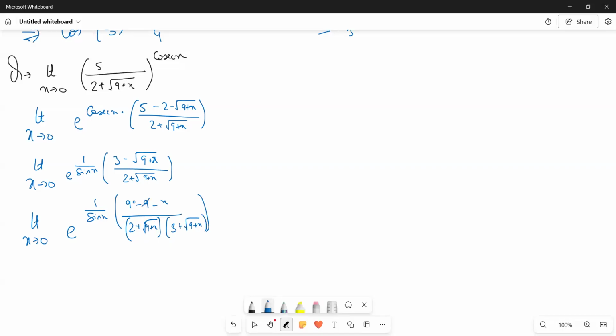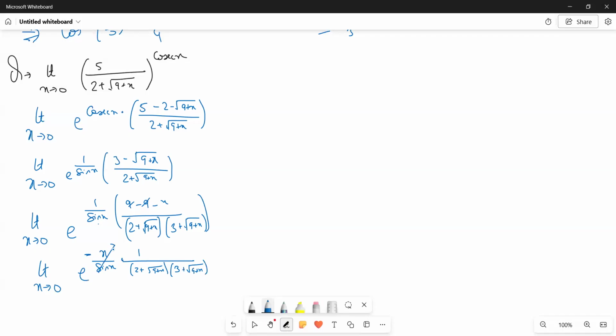So now here 9 and 9 cancel off, minus x remains. And sin x by x as x tends to 0, so we can pair it as x by sin x into 1 by this whole part, 2 plus root of 9 plus x, 3 plus root of 9 plus x, with a negative outside.